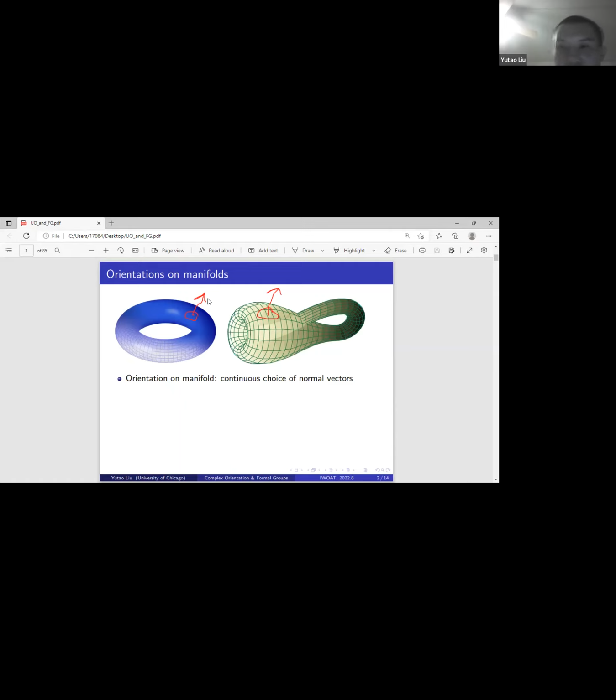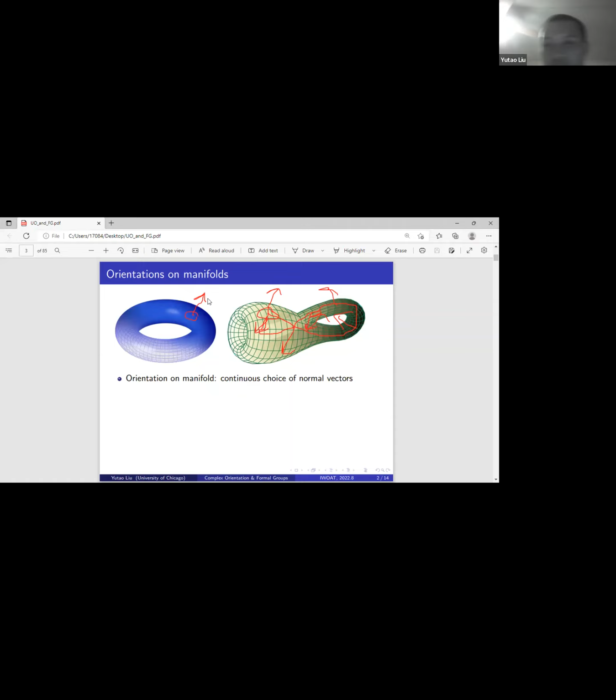But for the Klein bottle, if you begin at this point, and if you go along this path, then the normal vector here will be changed gradually, sorry for my bad drawing, to the normal vector pointing inside. In other words, you can never make a continuous choice of normal vectors on the Klein bottle. To be more precise, you cannot make a continuous choice of local orientations.